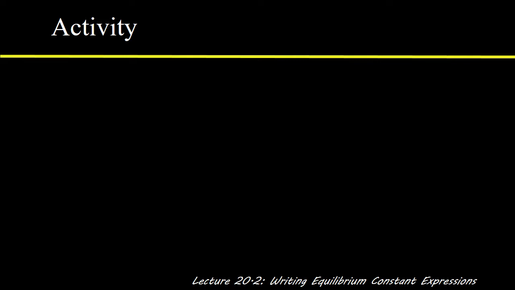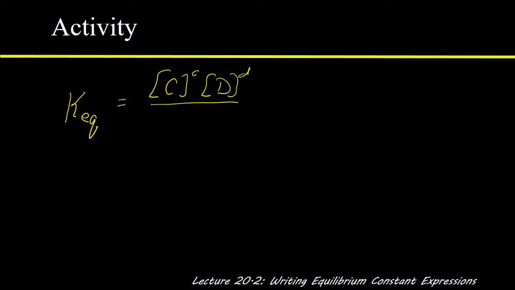All right. That actually brings us to our next slide. So the definition of our equilibrium constant expression is the concentration of the products over the reactants for that reaction, A plus B goes to C plus D. Okay.